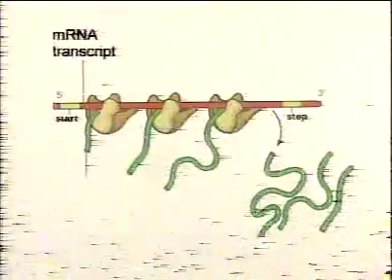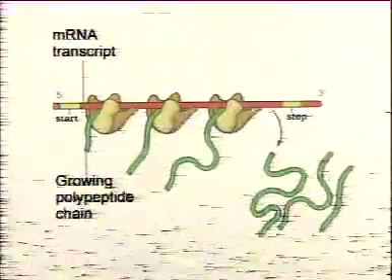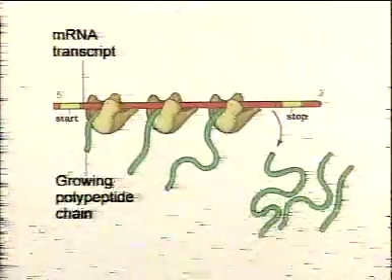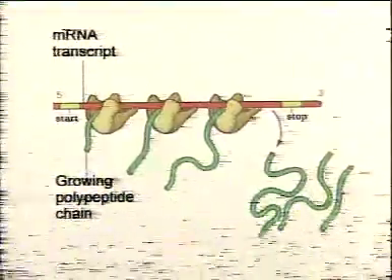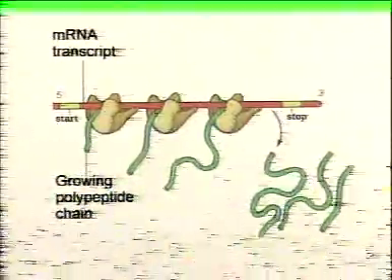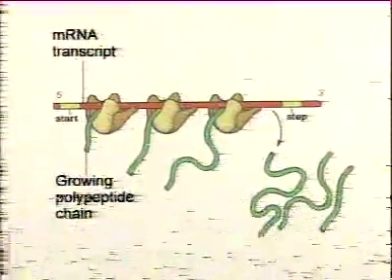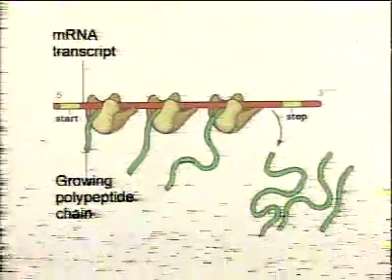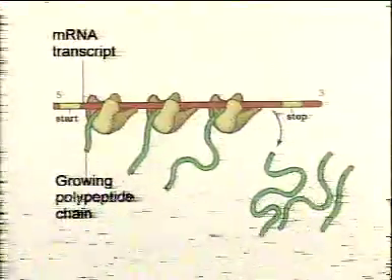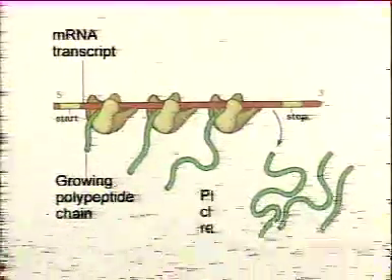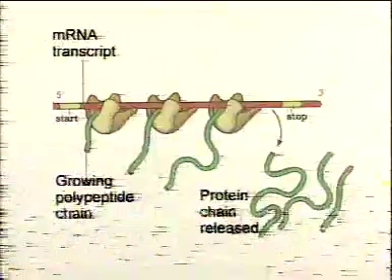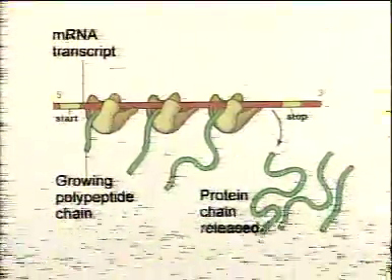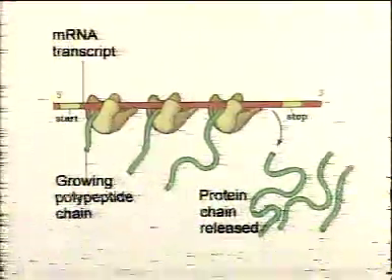This process is repeated several times, and as a result, you have many ribosomes attached to the same messenger RNA. This structure is called a polysome or polyribosome. And the advantage of a polysome or polyribosome is that it provides many copies of the same protein molecule simultaneously.